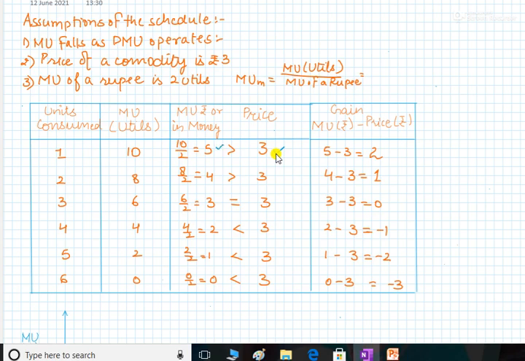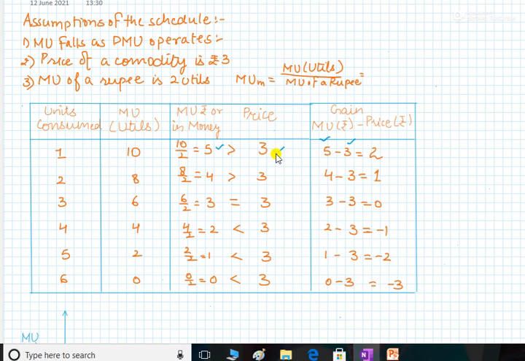It means he is getting more satisfaction than he is paying. This consumption gives him gains: he is sacrificing rupees 3 and getting satisfaction equal to rupees 5. It means he is at gain. How much gain? Rupees 2.